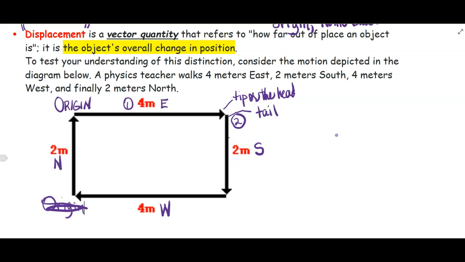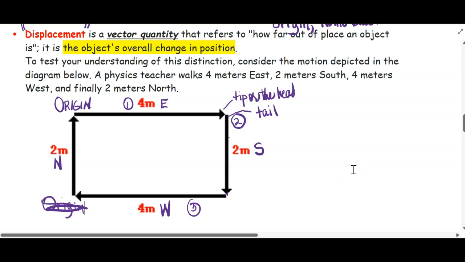So we start the tail of the second vector, then we start the tail of the third vector right here at the end. And then we do the last vector where from here we go up to the beginning. Oh my goodness. She came right back to where she started from.